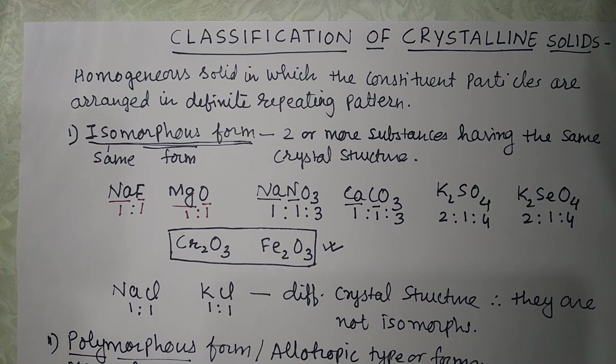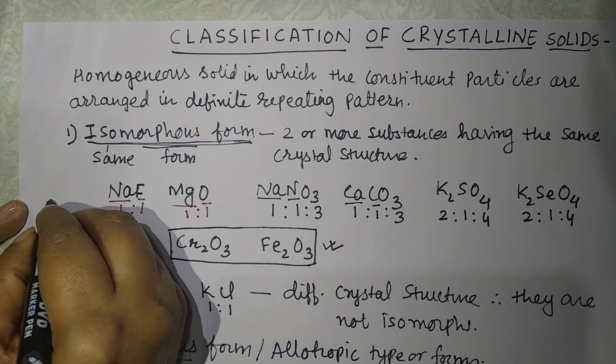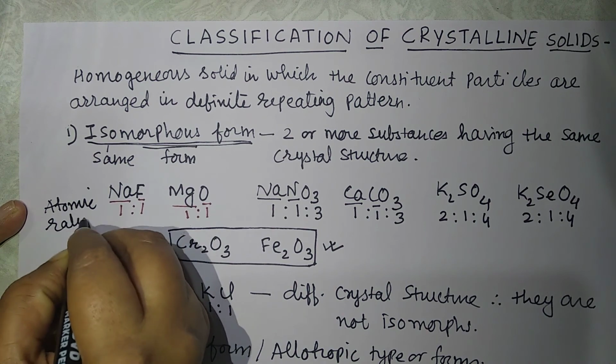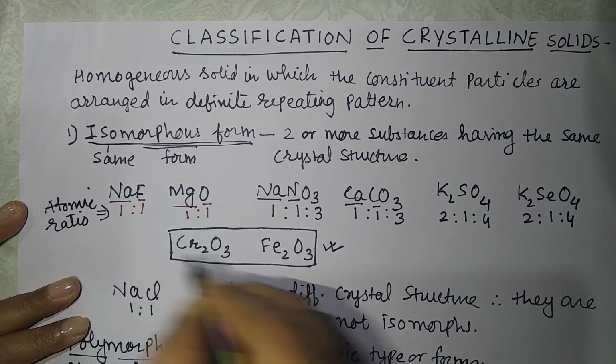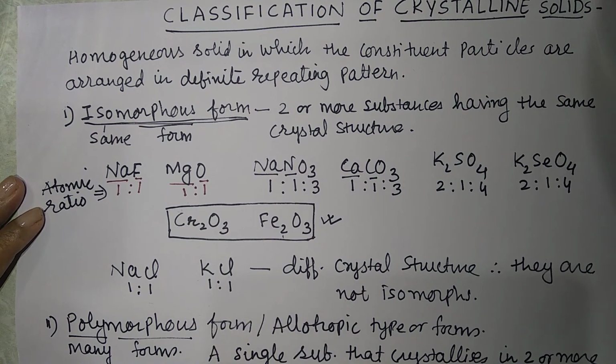Crystalline solids are mainly classified into two types, isomorphous and polymorphous. Isomorphous means two or more substances having the same crystal structure and the same atomic ratios. Atomic ratios are the same. Please comment your answer for this, whether they are isomorphic to each other.